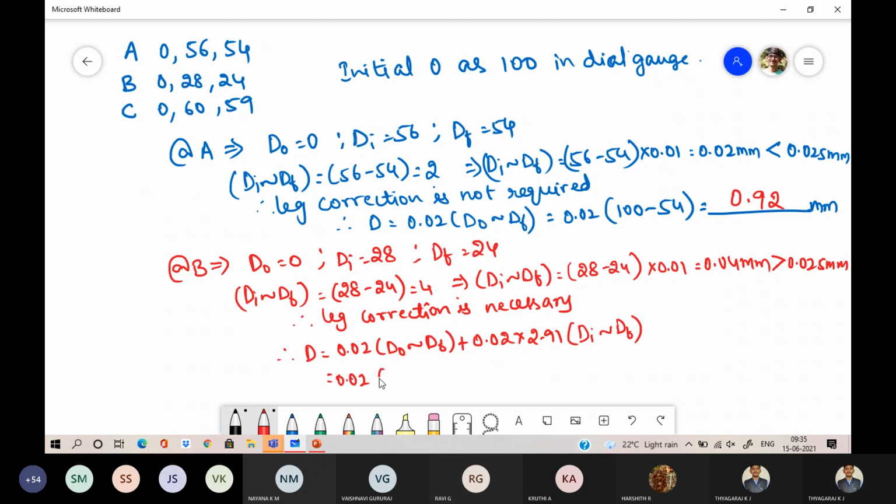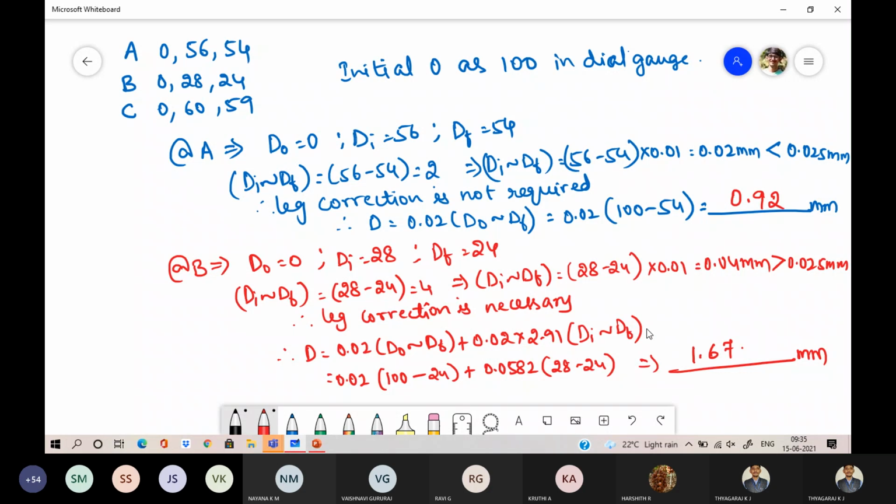So 0.02 into D naught, which is 100, DF it is 24, plus 0.0582, DI it is 28 minus 24. Calculate the value. How much you are going to get? 1.67 mm.